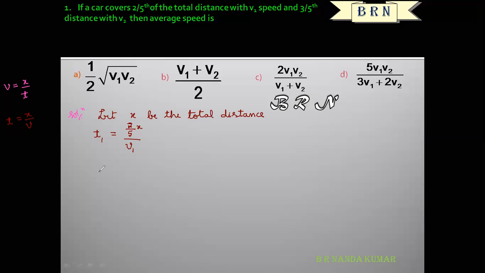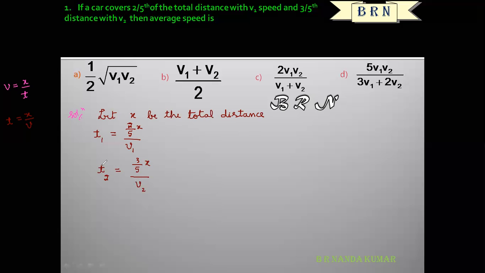Now the time taken by the car to cover 3/5 of the distance with V2 speed: T2 is equal to (3/5 x) divided by V2.